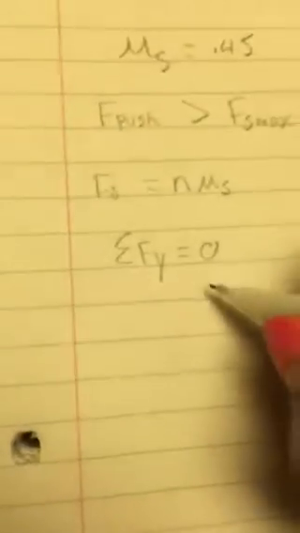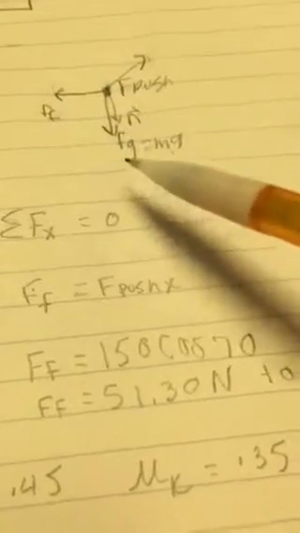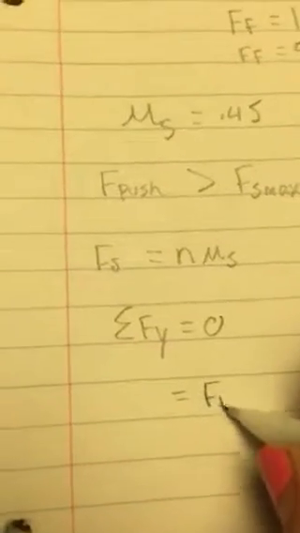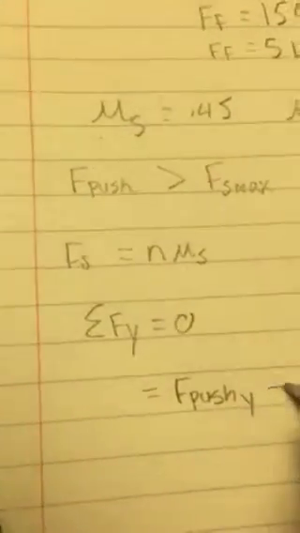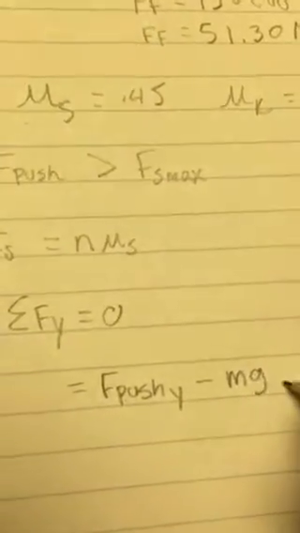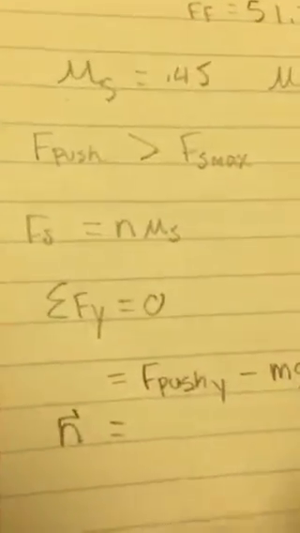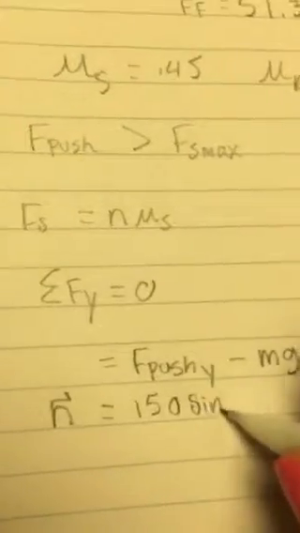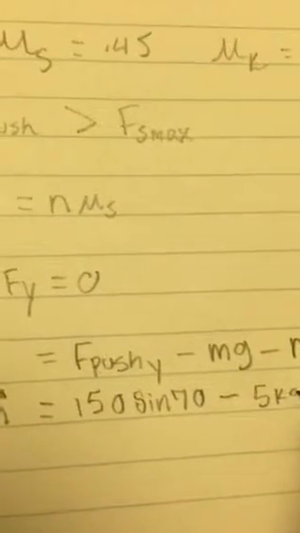And then that would be the y component of our force of our push, the normal force down, and then mg. So then we can say that our normal force is equal to 150 sine of 70, which we found as the y component, minus mg, so 5 kilograms times 9.8 meters per second squared.